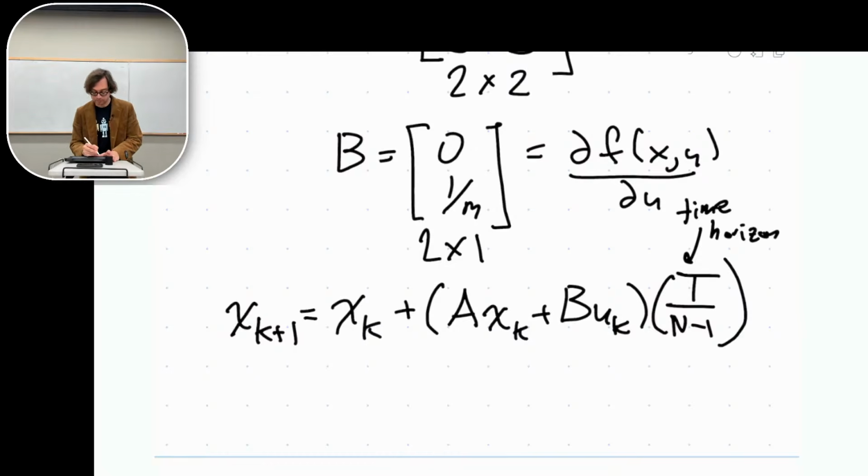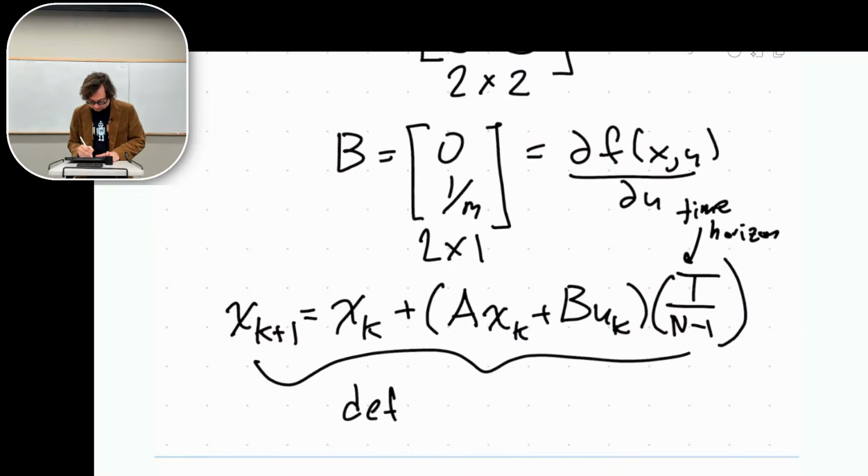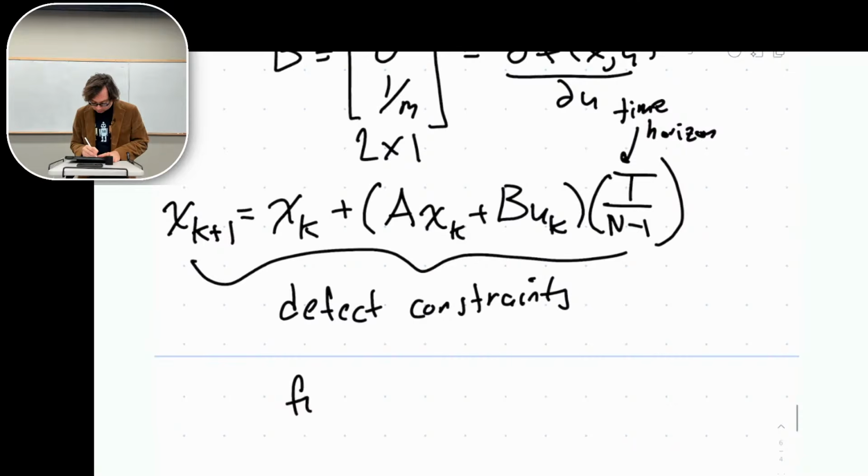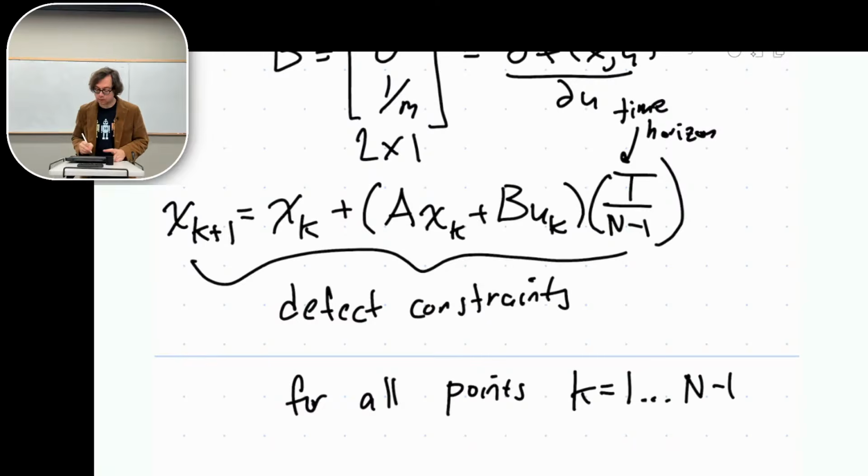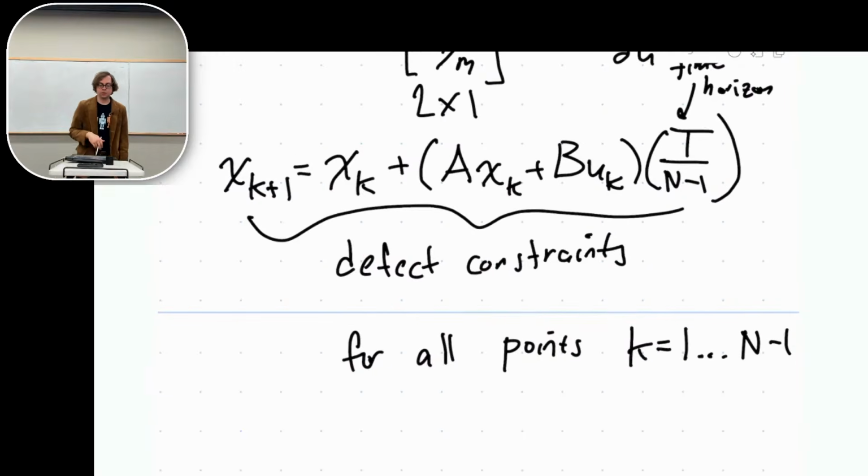Those are our defect constraints, defect constraints for all points k equal to 1 through n minus 1. Every point k along the trajectory, except the last one. Why? Well, if you only have n points, that's going to ask for n plus 1. Doesn't exist. Those are your constraints.